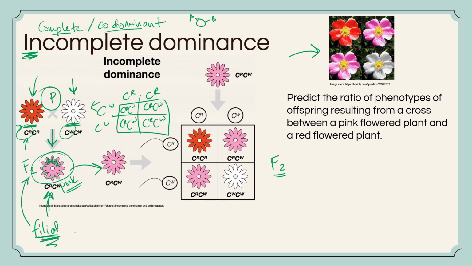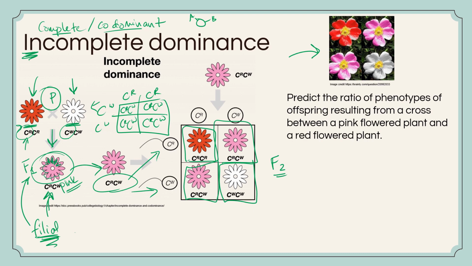When we put those guys together, these pink flowers are C^R C^W genotypes. When we do this Punnett square, we get 1/4 of the flowers are red, 1/4 are white, and 2/4, or 1/2, are pink.